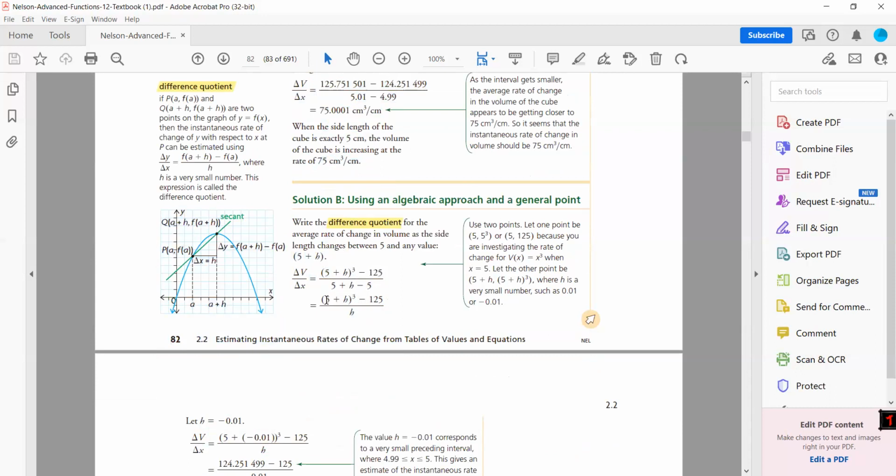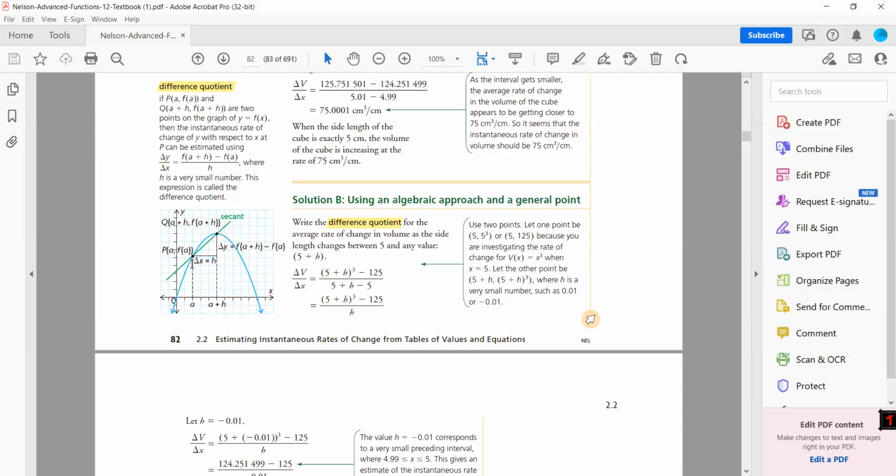After simplifying it, we'll get the following expression. Here we're using two points, and let one point be 5 and 5 to the third power, because we are investigating the rate of change for the volume function, x to the third power, when x equals 5. And the other point would be somewhere close, 5 plus h.